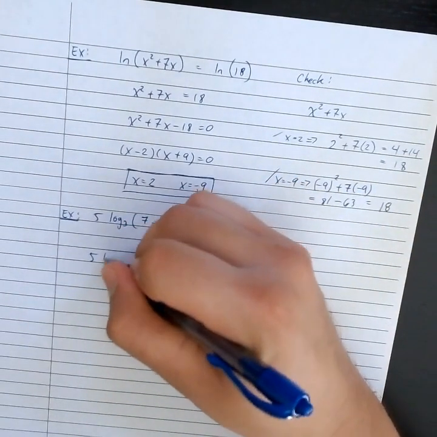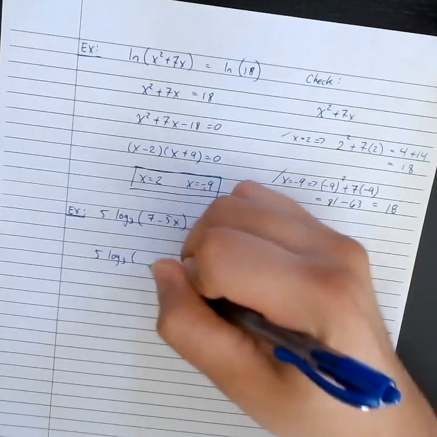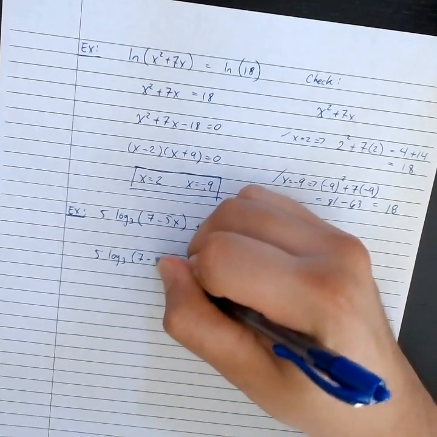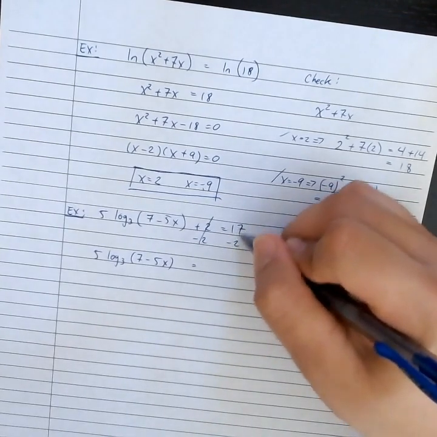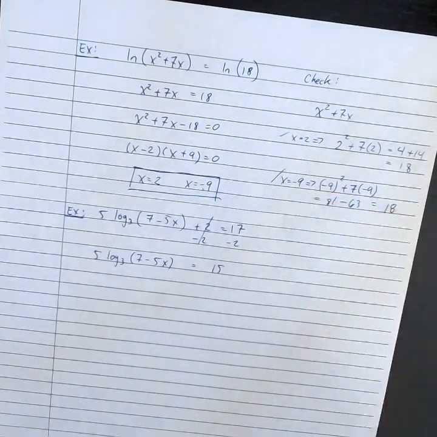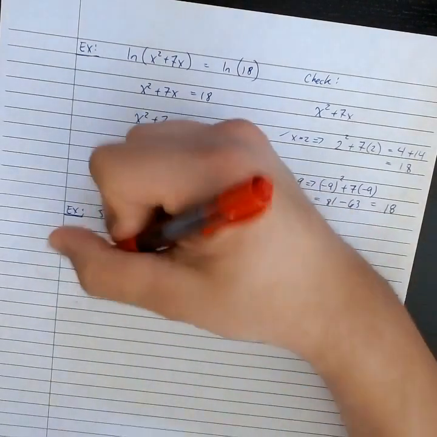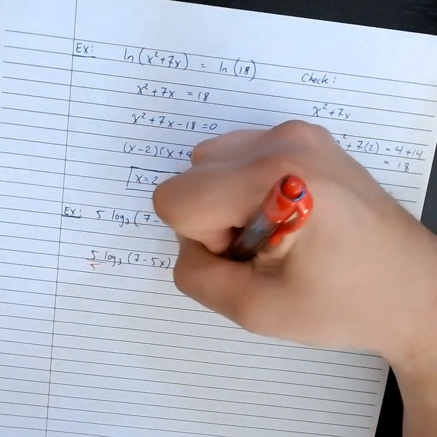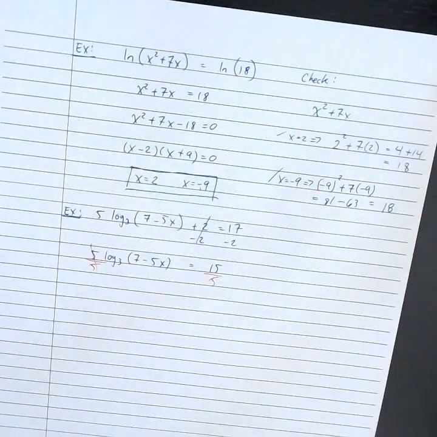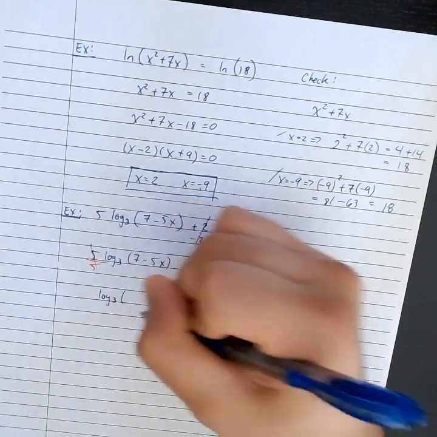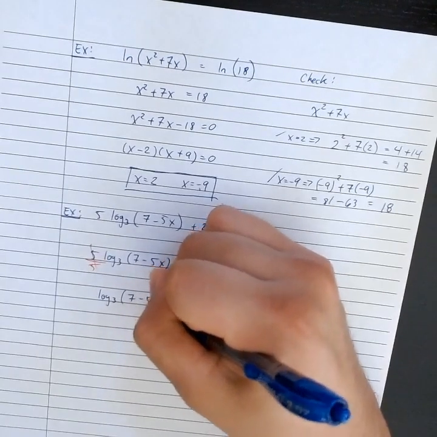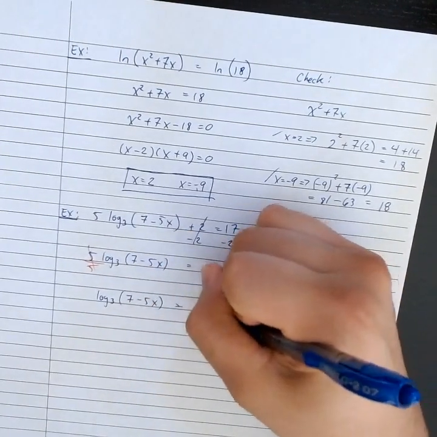That'll leave me 5 log base 3 of 7 minus 5x equals, well, that's just going to be 15, 17 minus 2. And now let's divide by 5 on both sides, and I get my logarithm. So here I get log base 3 of 7 minus 5x equals 3.